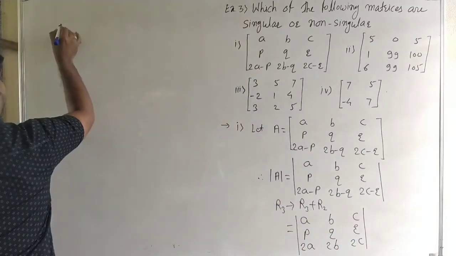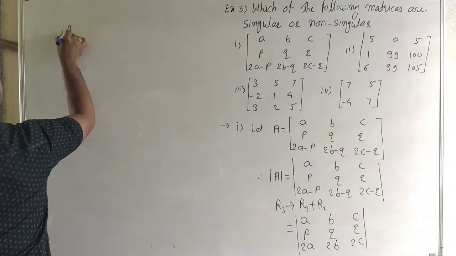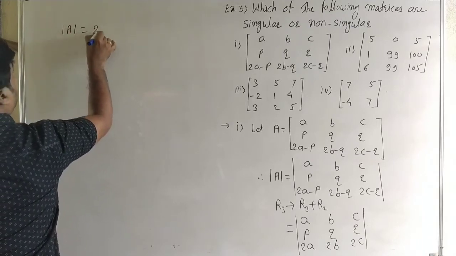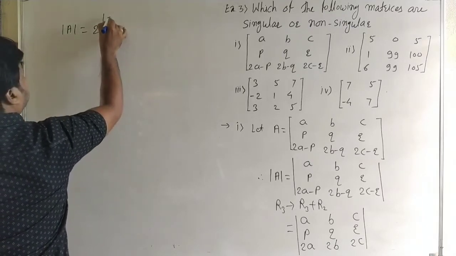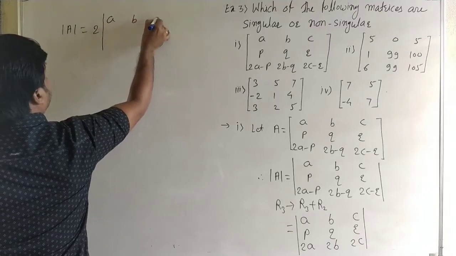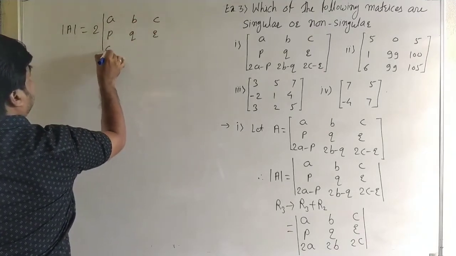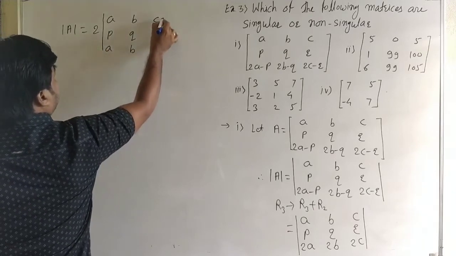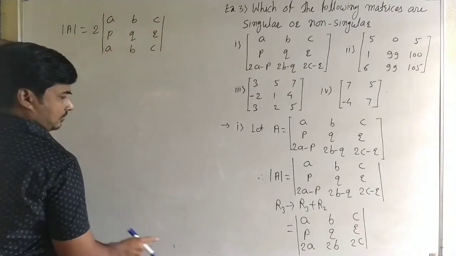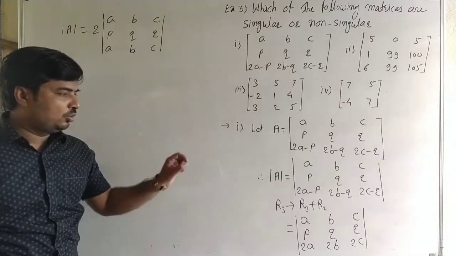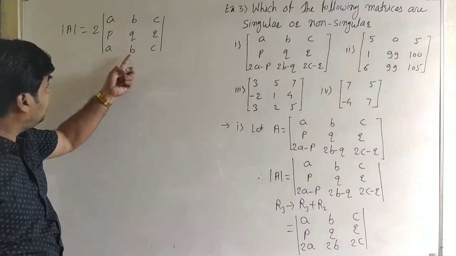Therefore the determinant of A is equal to 2 into the determinant of A, B, C; P, Q, R; and again A, B and C. We can take 2 common from the third row.